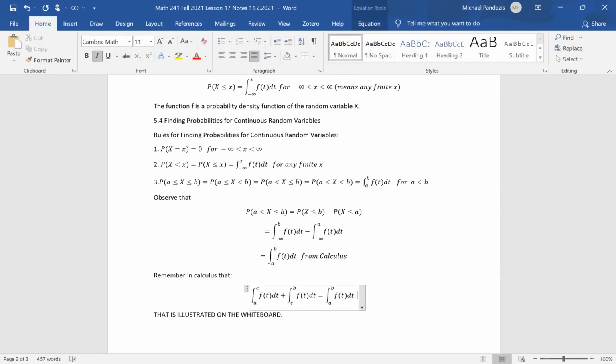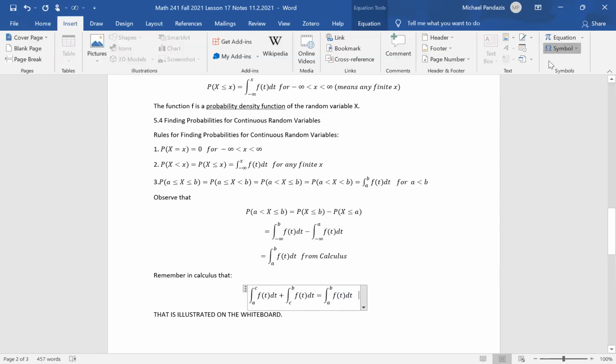And you can deduce from that that you could also take this integral and say it's equal to this integral minus that integral.